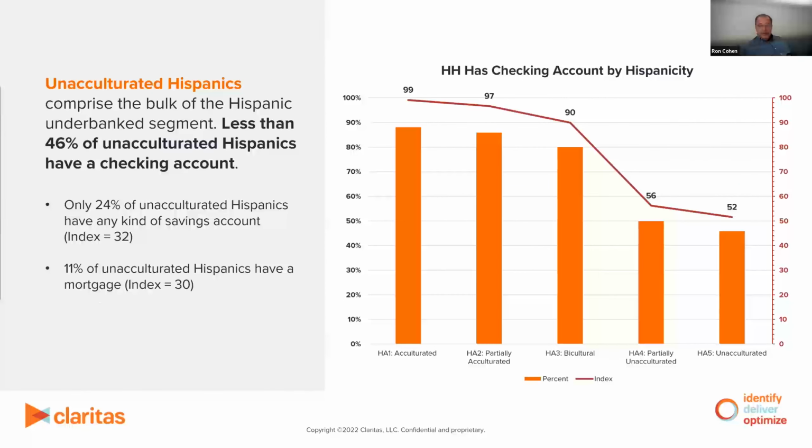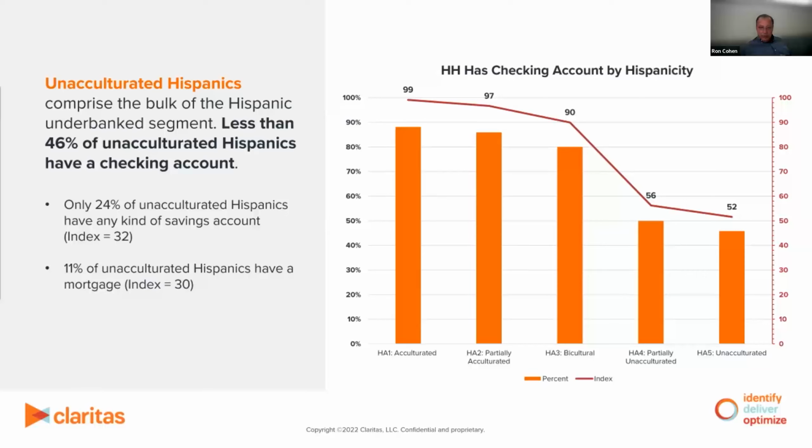Again, it's the unacculturated Hispanics where the underbanked segment is, right here. You can see the acculturated and bicultural are just below average for having a checking account, but less than half, 46% of unacculturated Hispanics have a checking account. This is what's driving those underbanked statistics among the Hispanic segment.